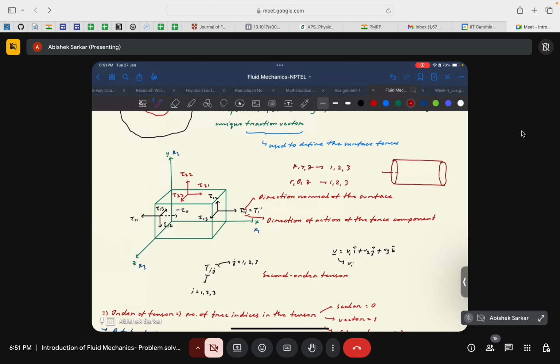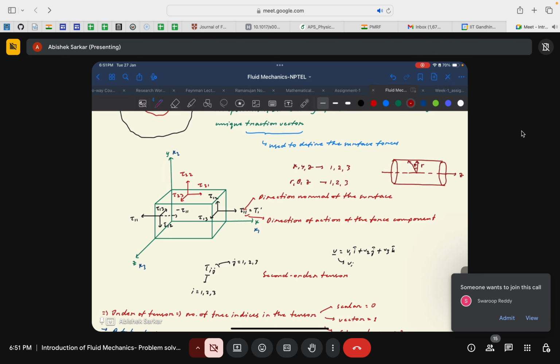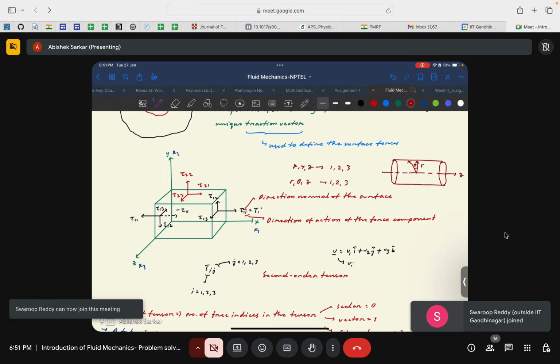okay, sorry, I think this orientation would confuse you a bit, so let me use the general one. This will be your z coordinate, this will be your r coordinate, and this will be your theta coordinate. All these coordinates are orthogonal to each other.